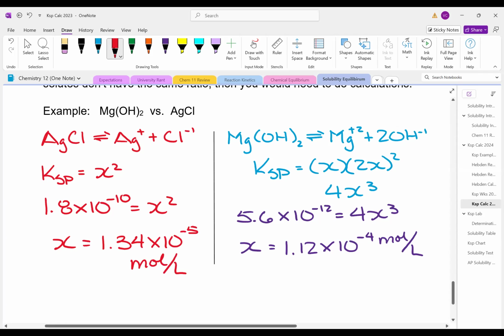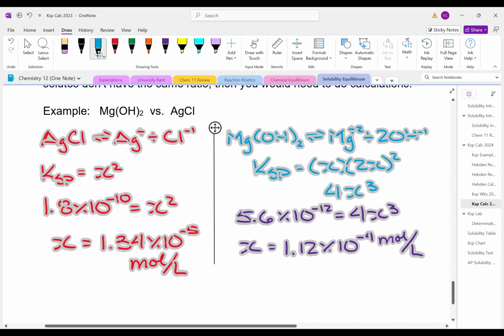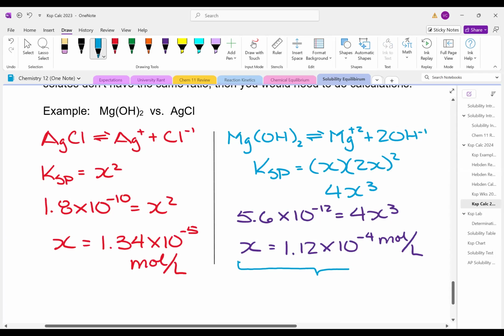And so in this particular case, notice this is a larger value. Therefore, more soluble.